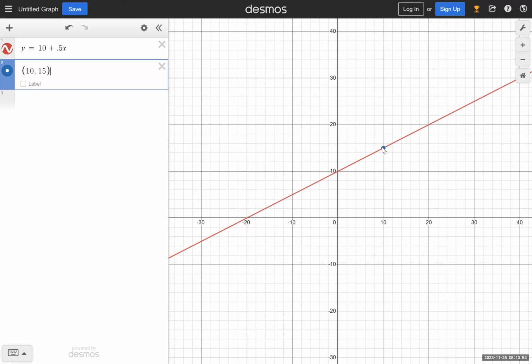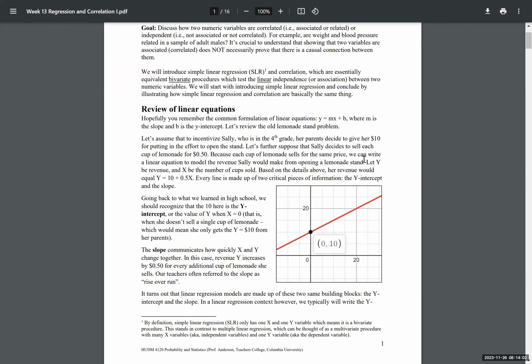So you can take any number of cups she sells, plug it into this equation, and it gives you basically a forecast of her revenue. So all that to say, there are two parts of a line that we really care about. There are two parts of the line that we need to understand if we're going to be successful in mastering this week's material. That's our equation. And what we're really interested in is B, the y-intercept, and M, the slope.